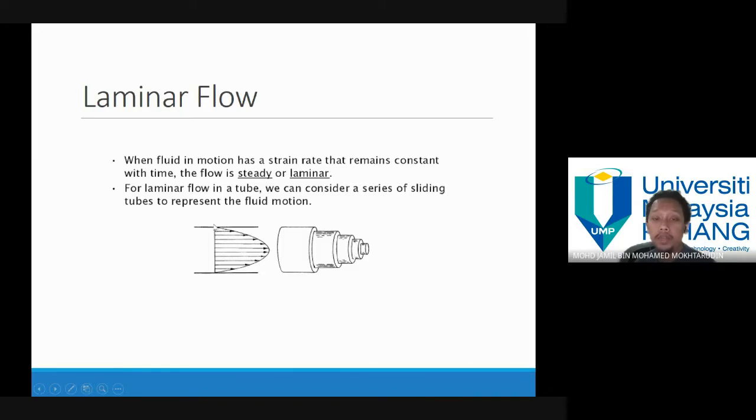For a laminar flow, the velocity profile will look like a parabola. If we illustrate this using sliding tubes, it will look like this. Okay, so the motion of fluid will look like this figure.